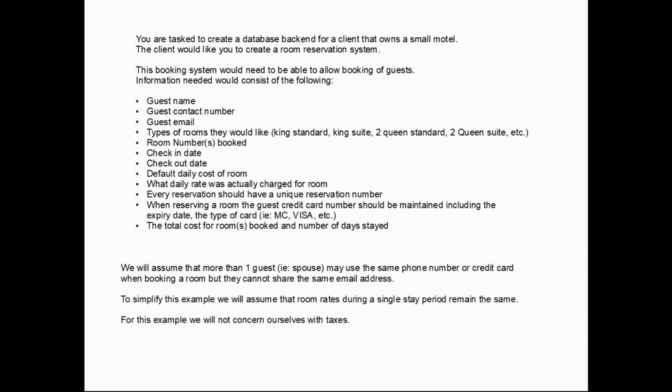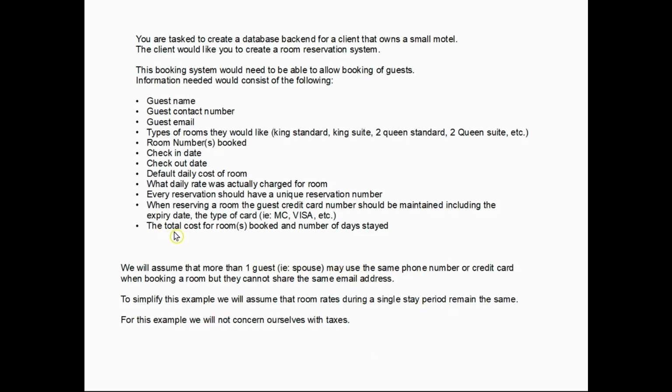This doesn't. This would say you pay $100 a night all the way through your stay, okay? Just to make things a little easier for us. And then for this example, we will not concern ourselves with taxes, okay? So make sure you understand all that.